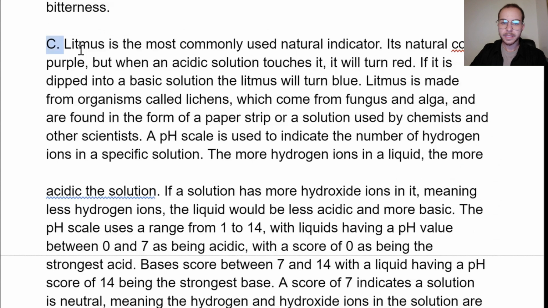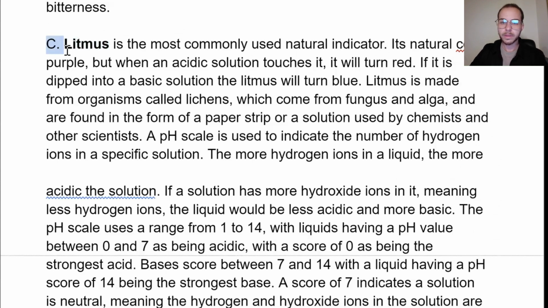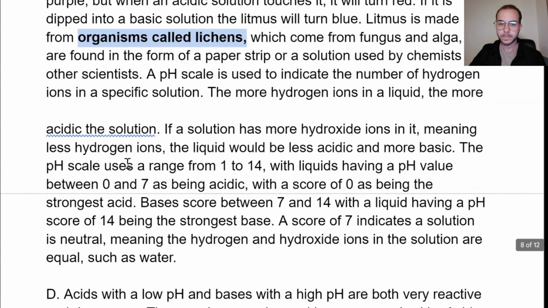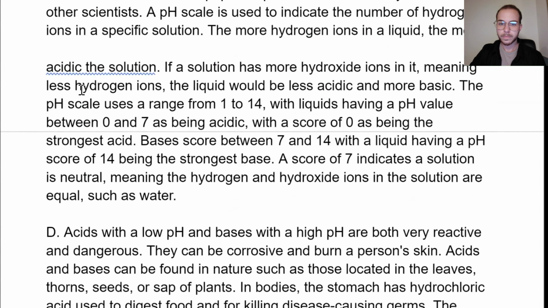Let's read C. Litmus is discussed here as well. Natural indicator, that's good. And I don't remember any other questions asking about the pH scale, so that seemed irrelevant.